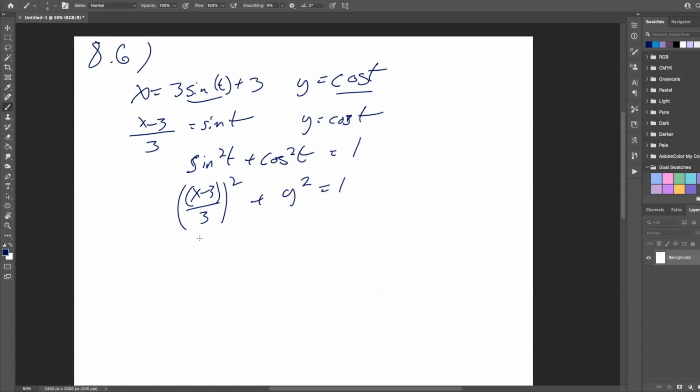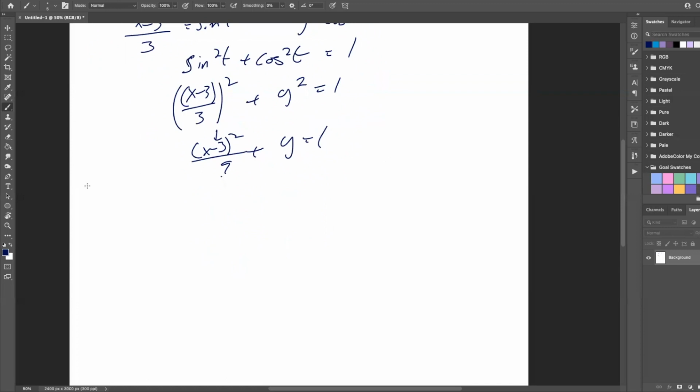And then if I crunch this through, you get x minus 3 squared over 9 plus y squared over 4 equals 1. And this is just an ellipse that's been shifted by a negative sign. The other one that seemed to give you trouble, this is 8.7.